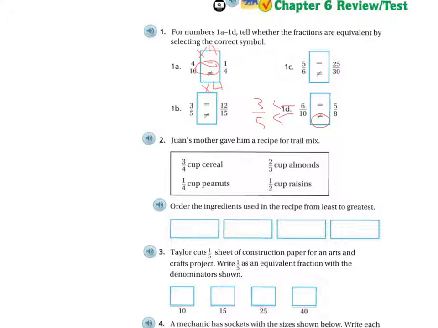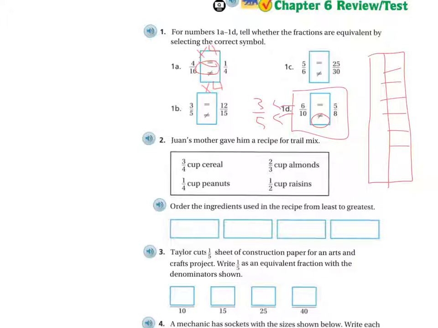This is also a small enough denominator that you could probably accurately compare 8ths, 1, 2, 3, 4, 5, 6, 7, and 10ths. 1, 2, 3, 4, 5, 6, 7, 8, 9. Oops, I didn't do a very good job of making that even. Let me try that again.